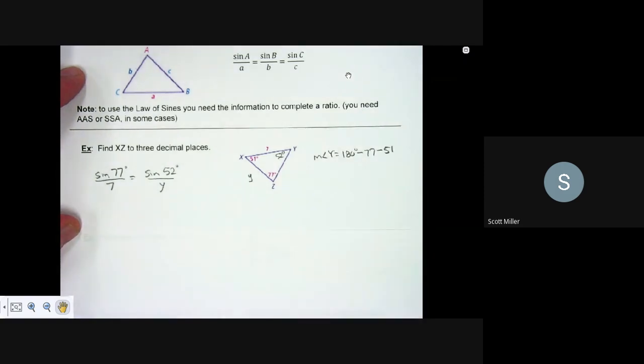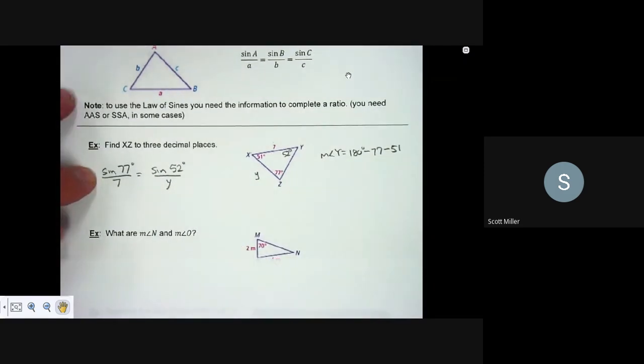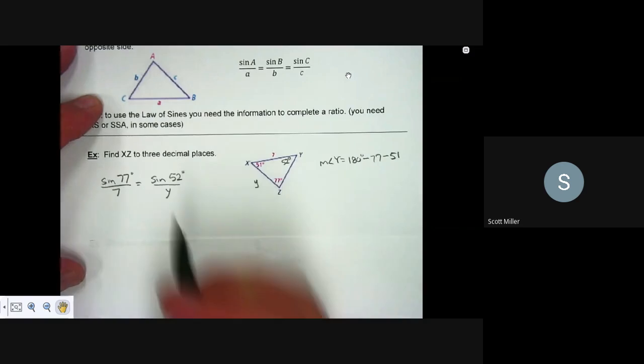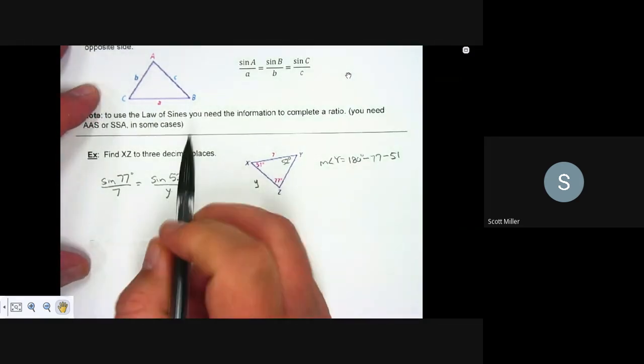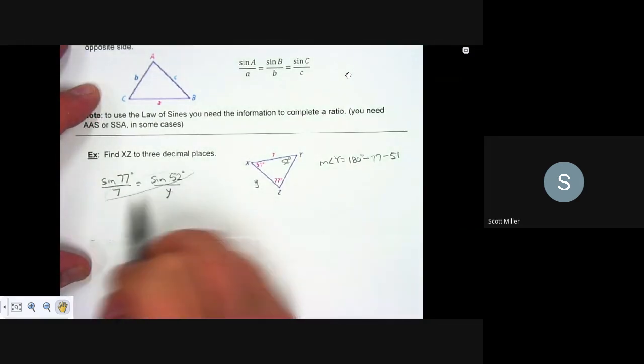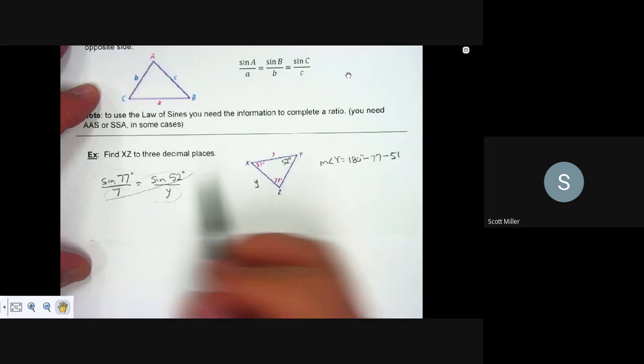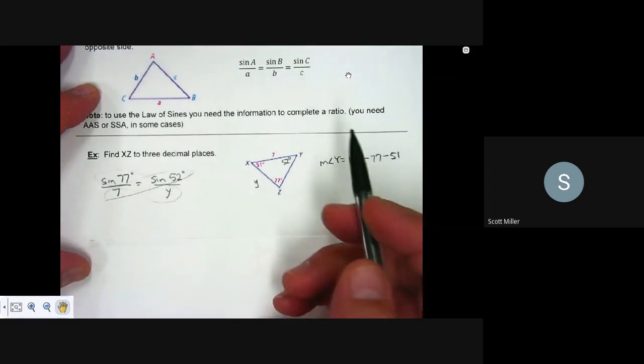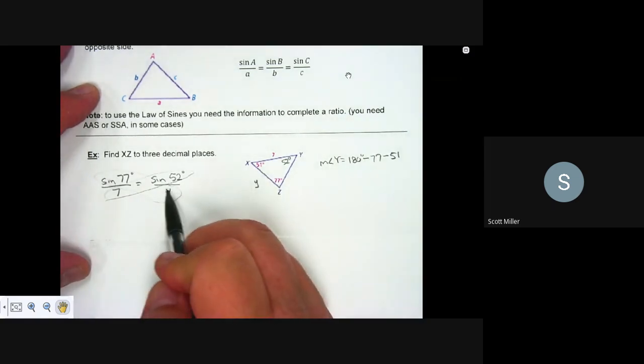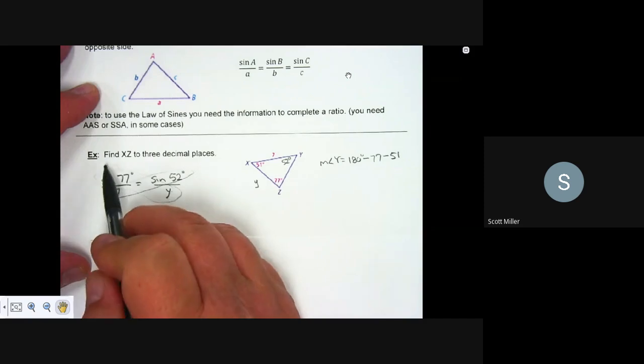Okay. So once I have that, the next step here is to solve for y. So you can see here that I have to cross multiply again. Let me show you the shortcut for this. Normally I would multiply the diagonal, then I would have to divide by this number here.